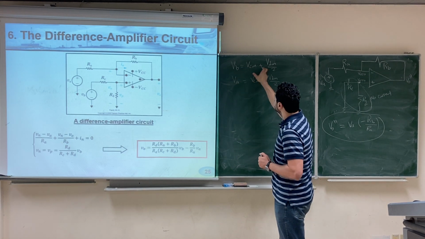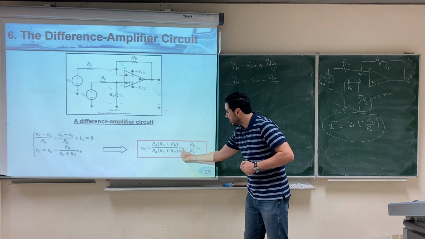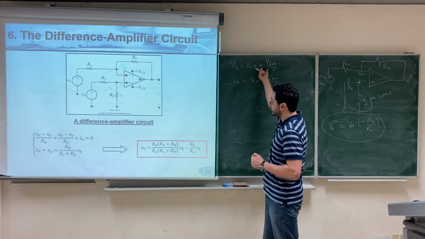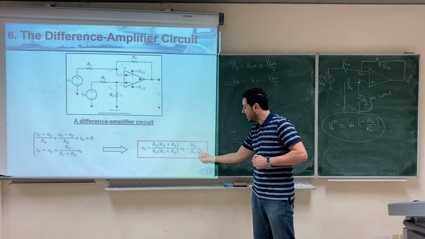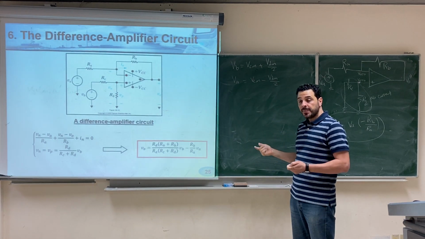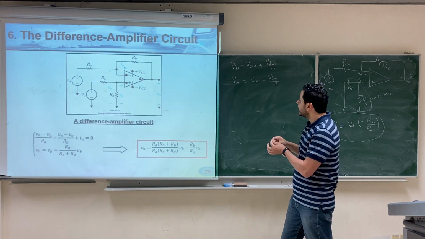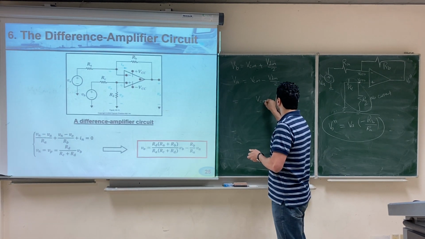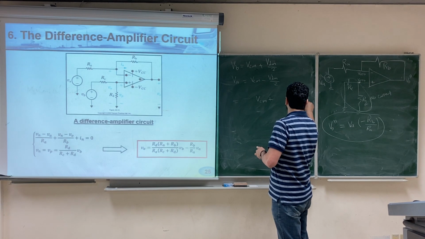If we take these expressions and we replace VB with V common mode plus V differential mode over 2, and VA with V common mode minus V differential mode over 2, in this case, we'll get an equation in V common mode and V differential mode.